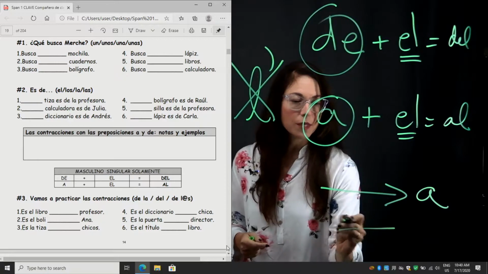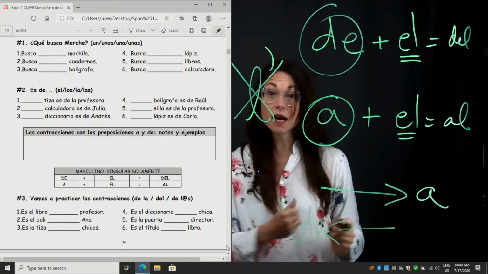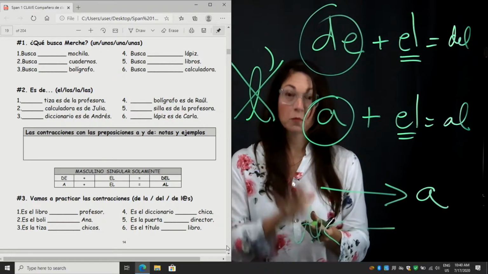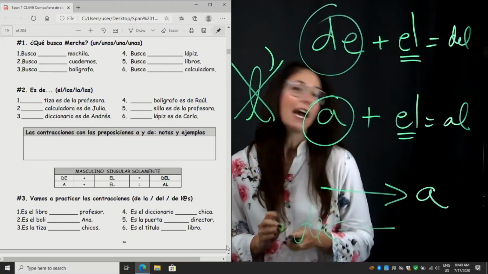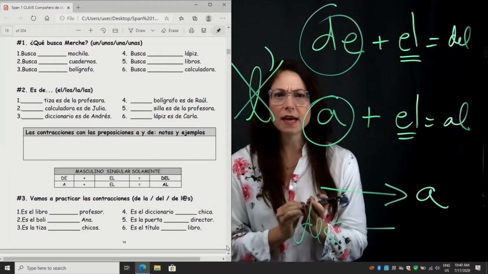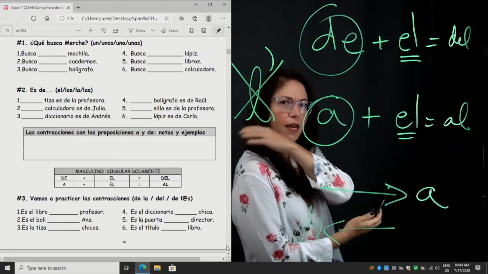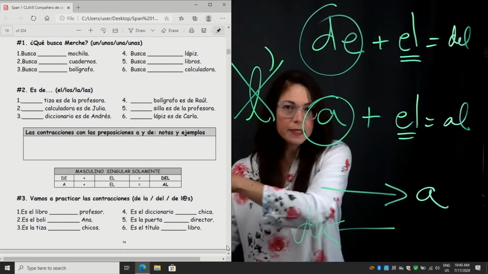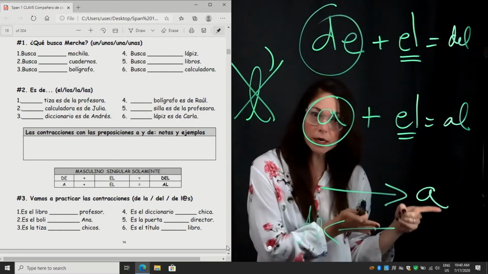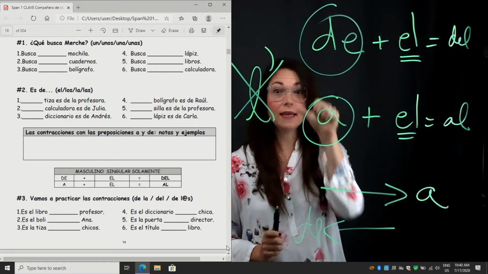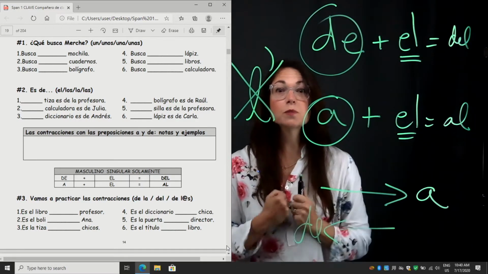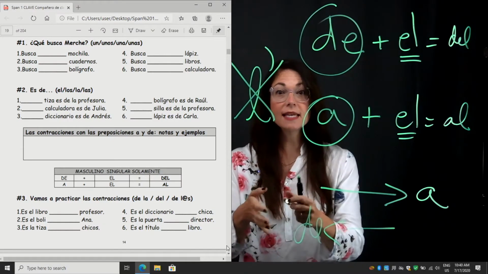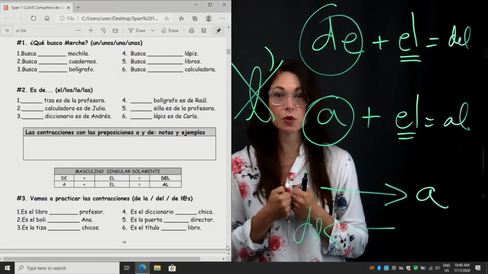That leaves us with de. Now, we saw de on page 5, right? Soy de España. I come from. So de gives you the idea of maybe a past or movement from somewhere to somewhere else. De, but de also denotes possession, okay? Es el libro de la profesora.